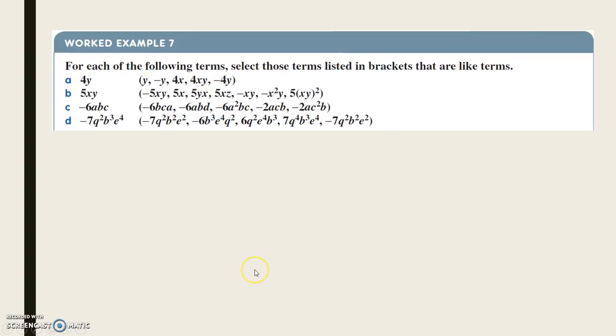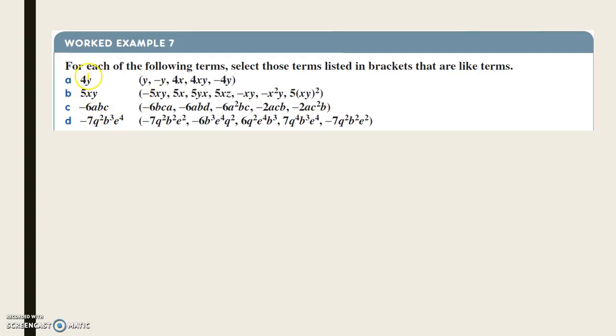Let's have a look first to make sure we understand how to identify like terms. So this is from your textbook. We're just going to have a quick look and identify those things that have the same terms. So you may pause this and have a go yourself. So let's have a look. For y, what variables have the same terms?